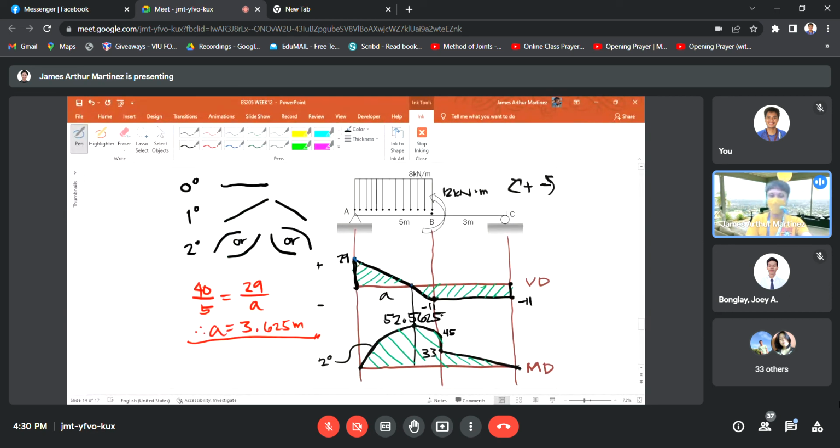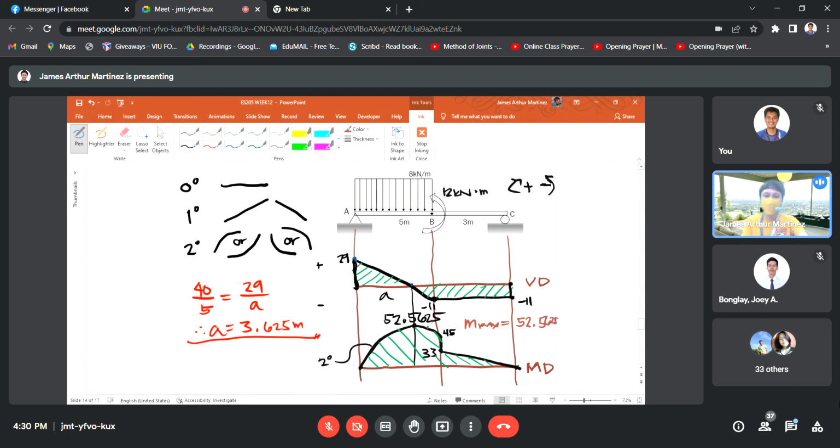So there you go. If I ask you how much the maximum moment is, that is the absolute value, class, regardless of convention, either positive or negative. The maximum value for the moment diagram is 52.5625.